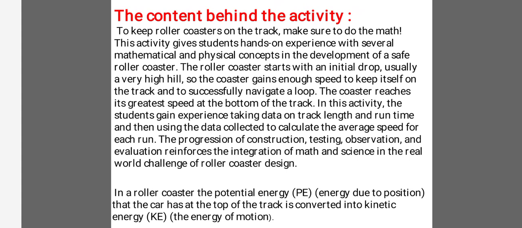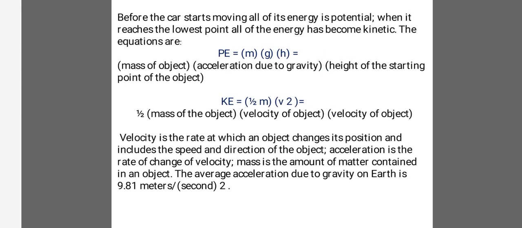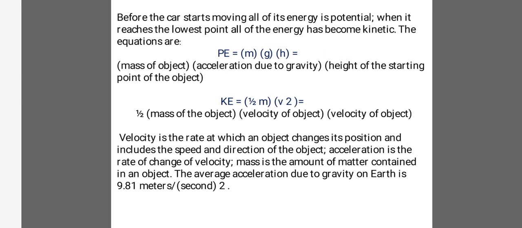In a roller coaster, the potential energy that the car has at the top of the track is converted into kinetic energy. Before the car starts moving, all of its energy is potential. When it reaches the lowest point, all of the energy has become kinetic.